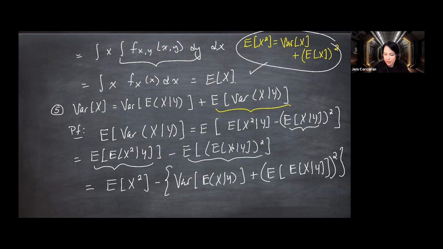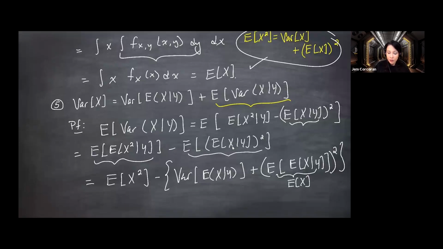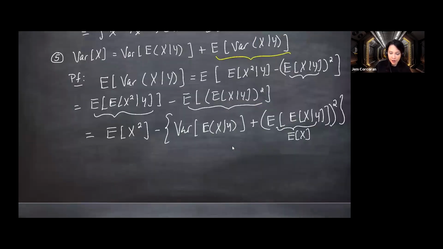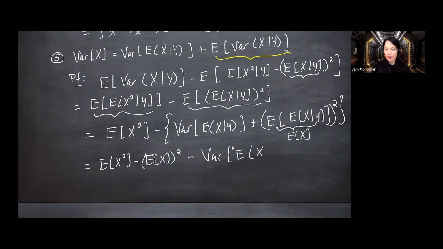And the final expectation inside the square, this is just going to be the expected value of x. And that gets squared. So the first term and the last term are the expected value of x squared minus the expected value of x all squared. There's the variance we were looking for. And then minus this variance of the expected value, blah, blah, blah. And we are done.